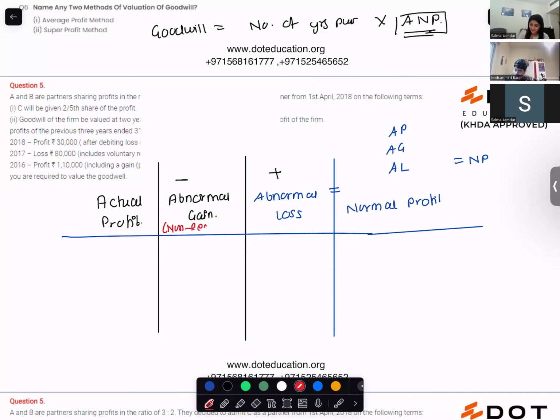Some income that is not recurring, that also you can remove, and some expense that is non-recurring, you will add. You will memorize this format: actual profit minus AG plus AL. If you minus abnormal gains, you automatically add the abnormal loss, which will give you normal profit.